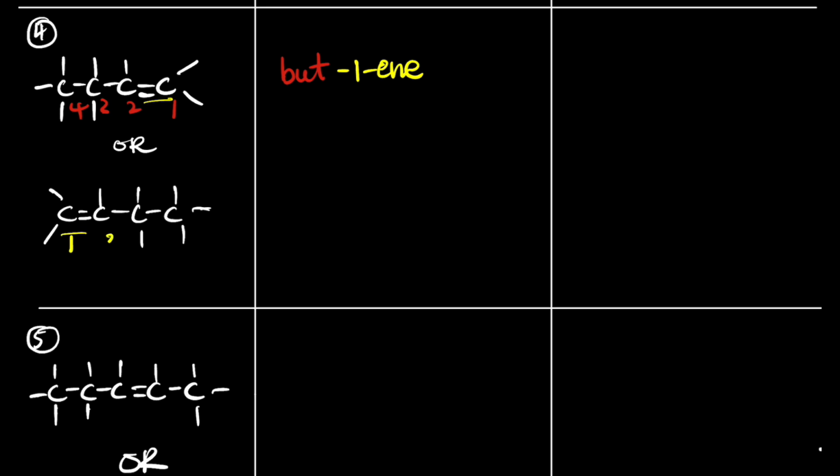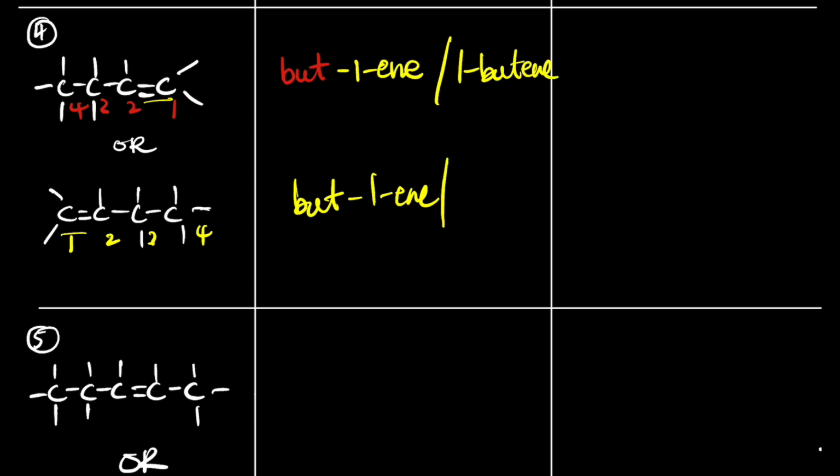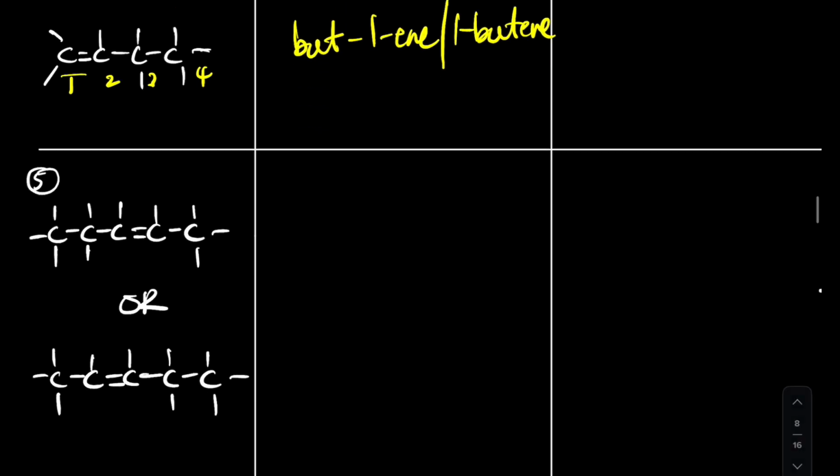So this is going to be carbon 1, 2, 3, 4. So the same name, but-1-ene, or you can say 1-butene. So this one states where the double bond is. It's in carbon 1.